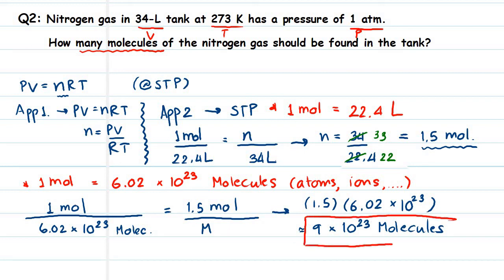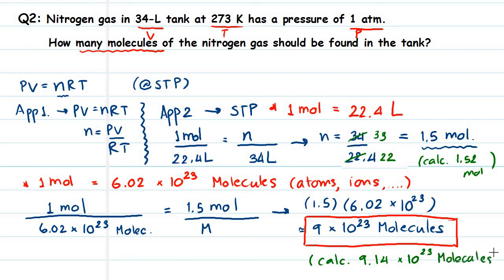If you have a calculator and you plug it in, 1.52 mole, and that should be from the calculator 9.14 times 10 to the 23rd molecules. Yep, they are pretty close, about the same.